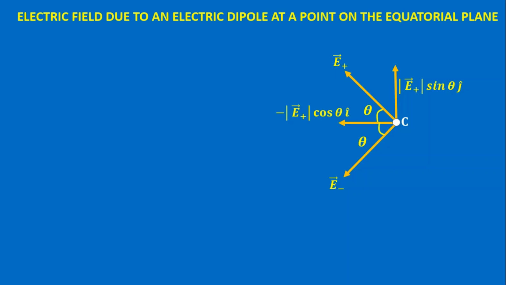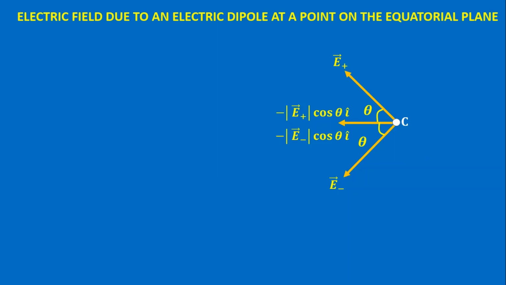Let us now resolve the E minus vector into two components. One is along the negative x-axis, that is minus modulus of E minus vector cos theta i cap, and another vertically downward along the negative y-axis. We write it as minus modulus of E minus vector sin theta j cap. From the diagram we understand that the vertical components are equal and opposite, so they cancel each other.